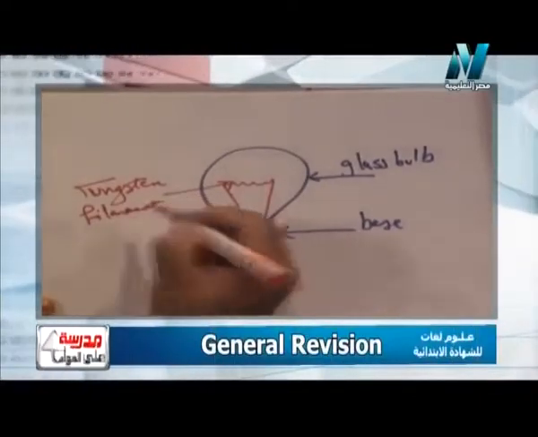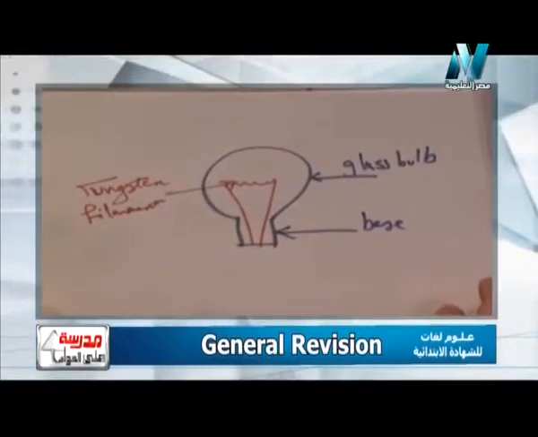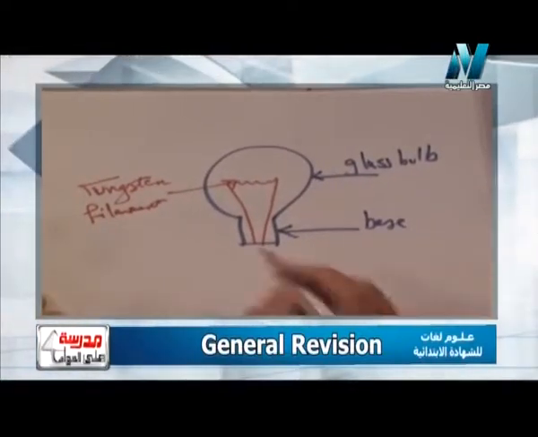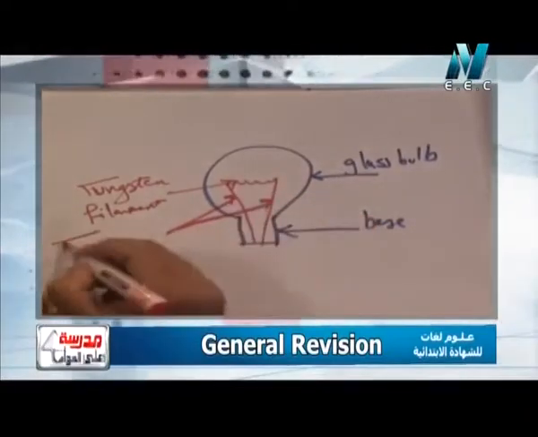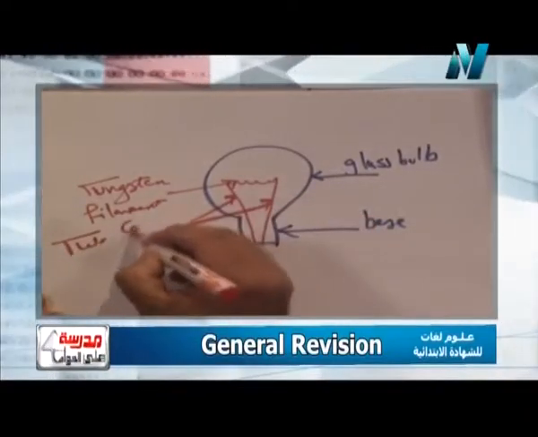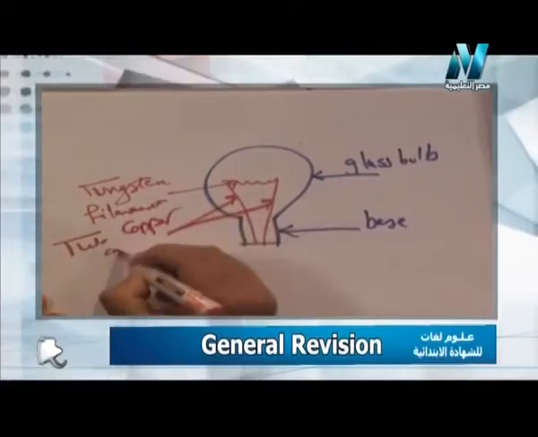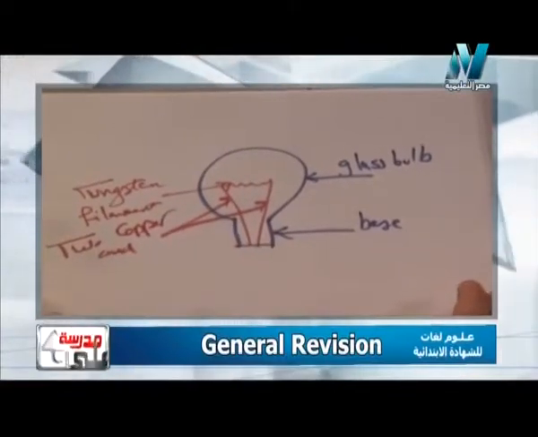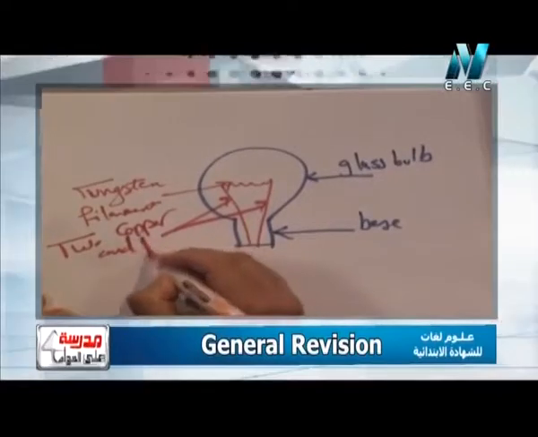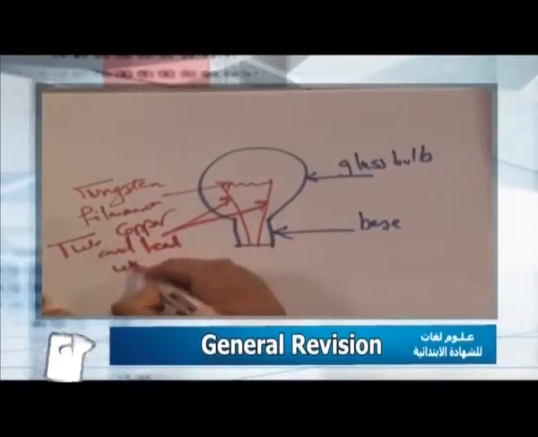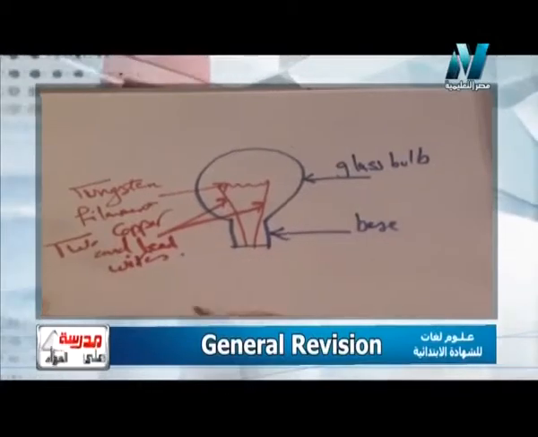We use tungsten filament because tungsten has a high melting point. Also, I have here two copper lead wires to carry the tungsten. They are made of an alloy, a mixture of copper and lead.